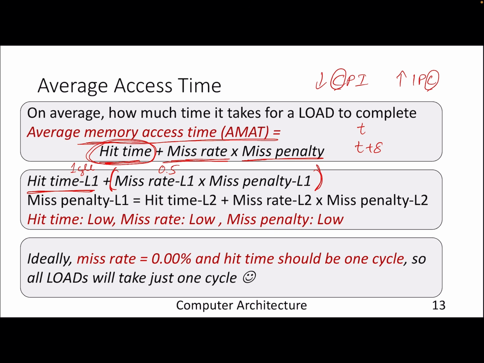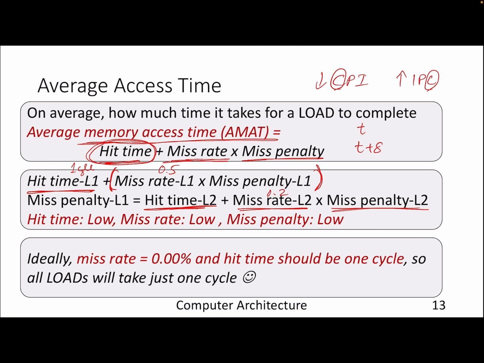So miss penalty of L1 will be nothing but hit time of L2, the next level, plus miss rate of L2, let's say 0.2, times miss penalty of L2, right?